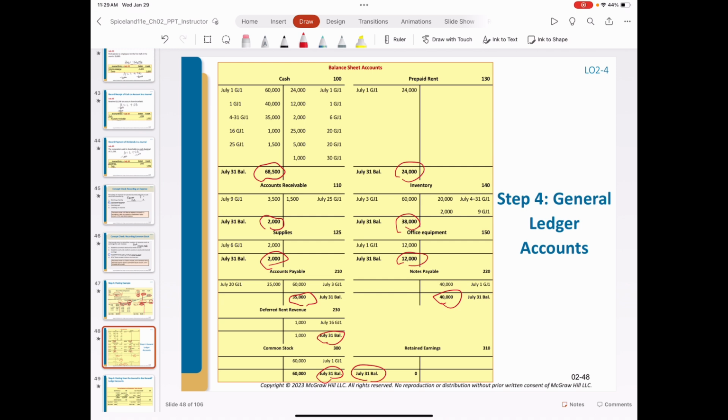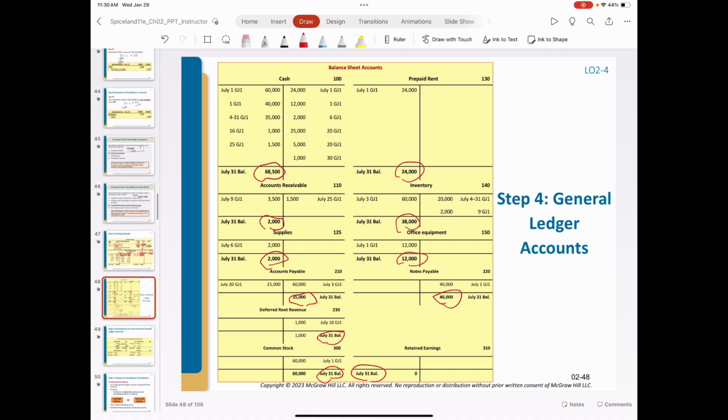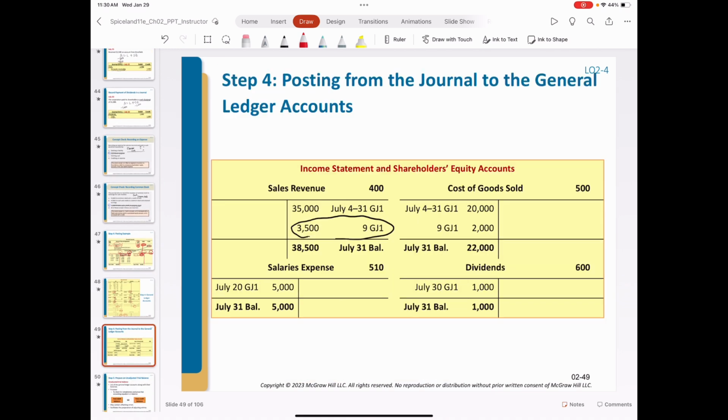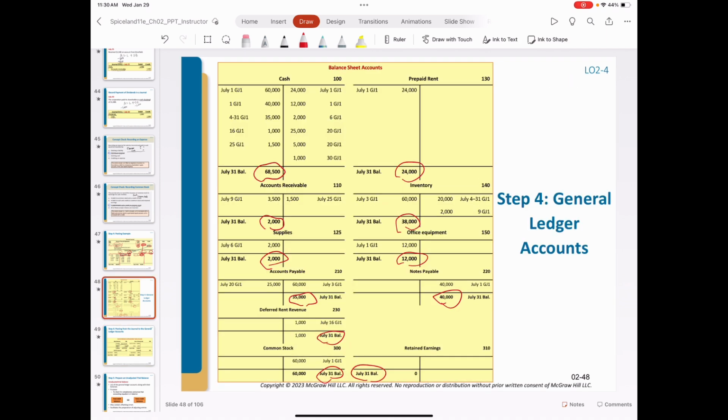You may find cash is the most active account because in most transactions or journal entries, the cash account was involved. That's why you see so much information posted to the cash account. There were 11 transactions that involved cash. Same thing for the next page. The organization of the general ledger is that the first page shows the T accounts of the balance sheet.